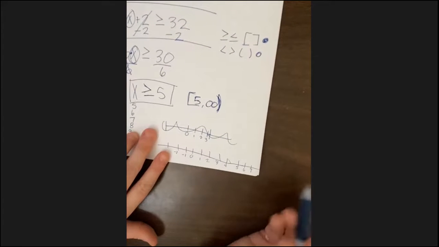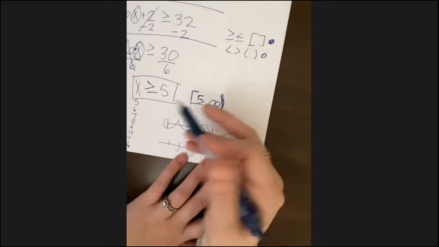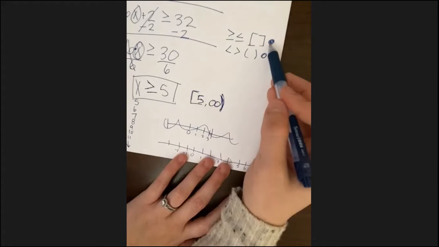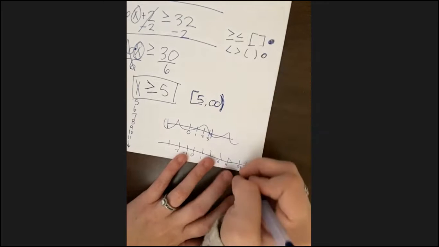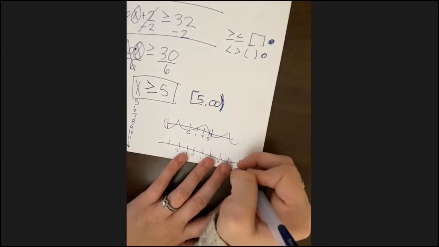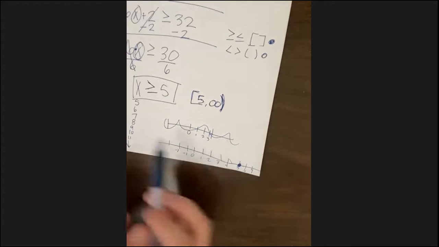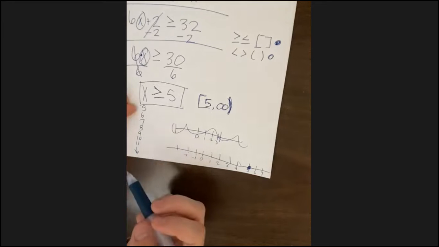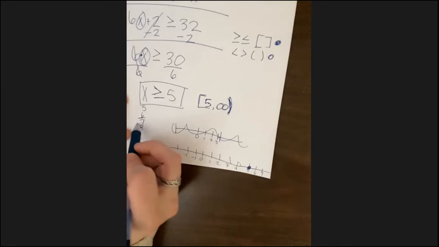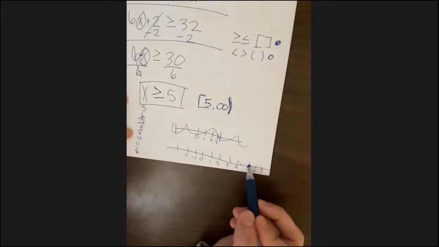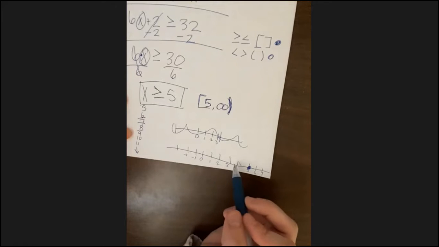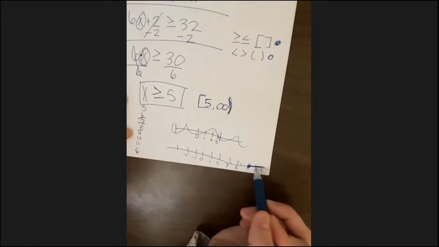You won't have to draw it, but 5 is the magic number, and we know it's a closed dot, right? Because it's greater than or equal to. And then which way do we draw the line? We put out some numbers here. So we see a 6, 7, 8. Where are those numbers compared to where that dot is? To the right, right? So it would go that way.